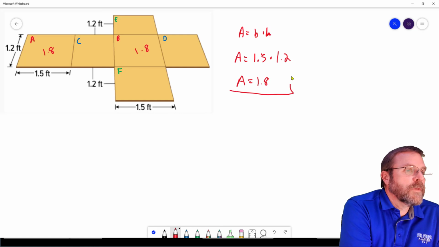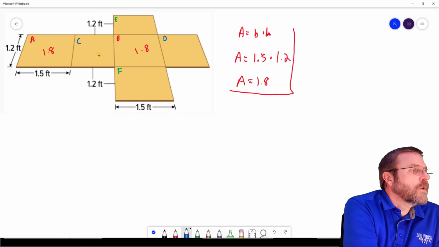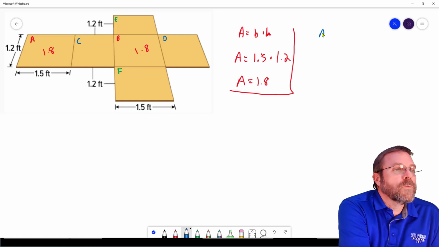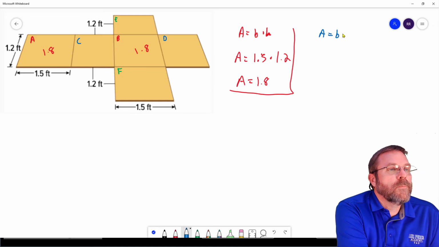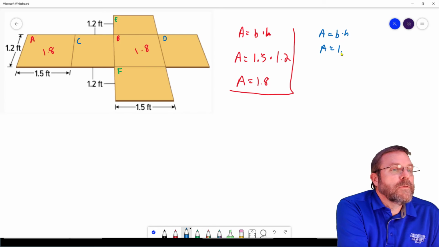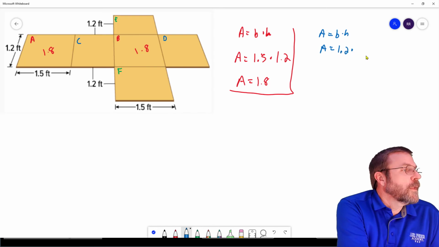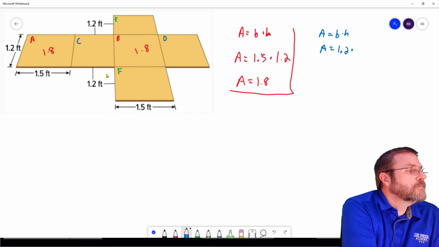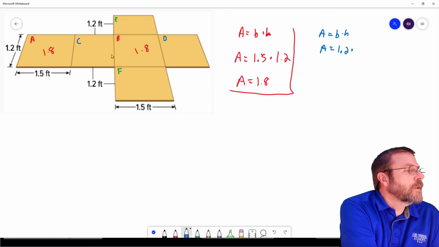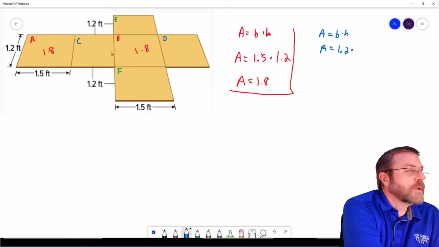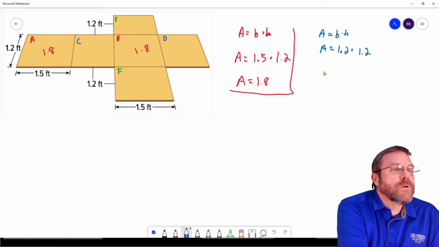Next, box that off, and let's find the area of the blue rectangles. So area is equal to base times height again. Area is equal to, the base is going to be 1.2, and the height is going to be this distance right here, which is the same as that distance right there, which is 1.2 again.